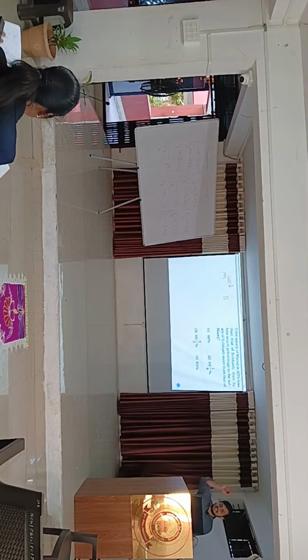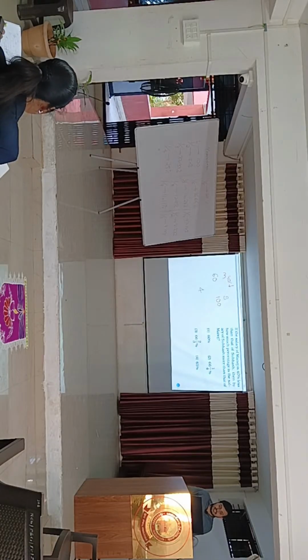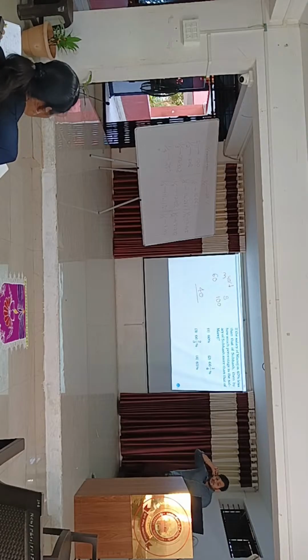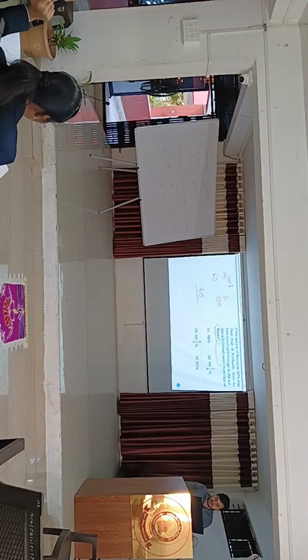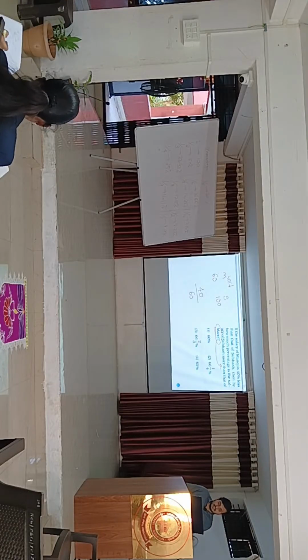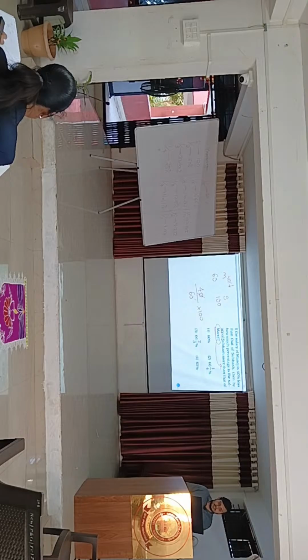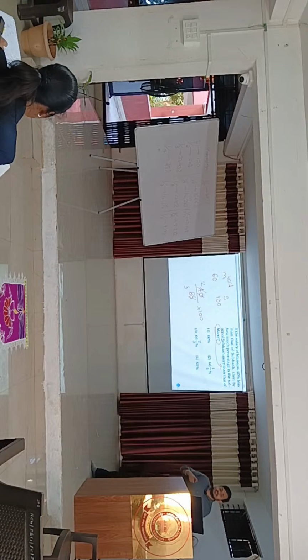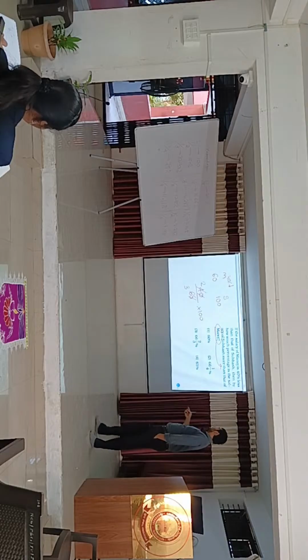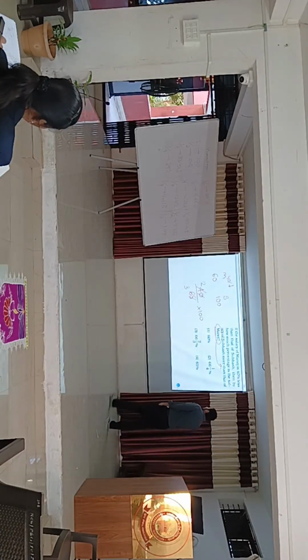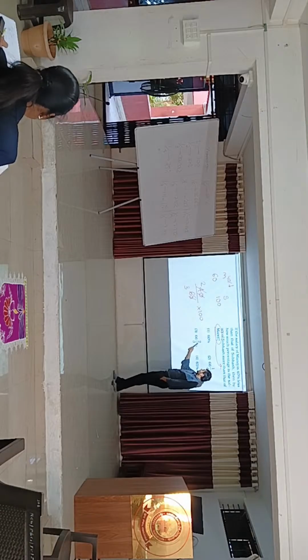If I say Subhash is 100, what is Manoj? 60. 40 difference divided by Manoj, that is 60 into 100. The zeros will get cancelled. What is 2 by 3? 66.66. So 66.66 is nothing but 66 2 by 3.